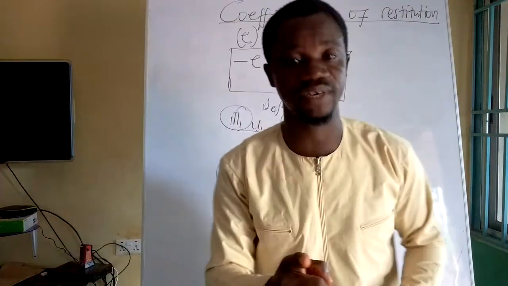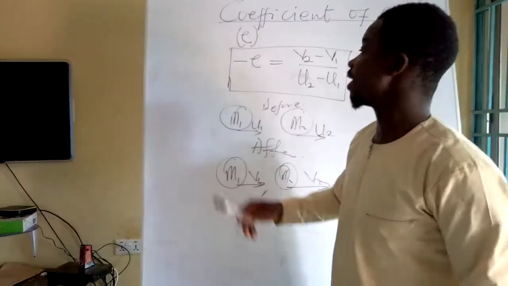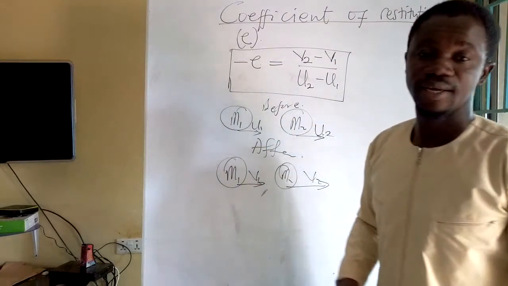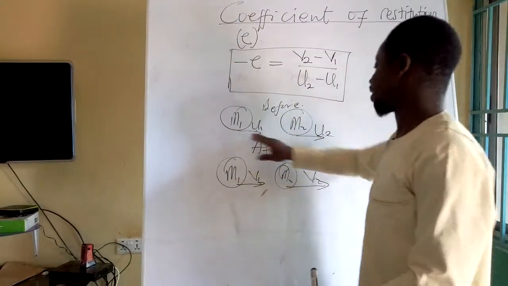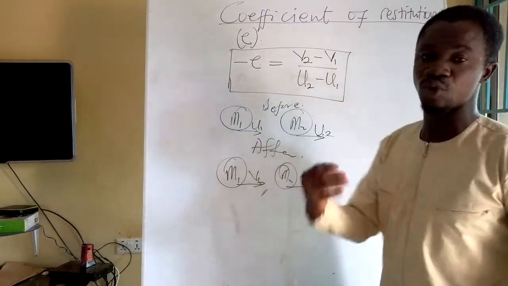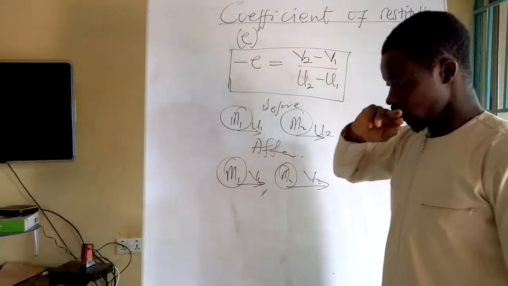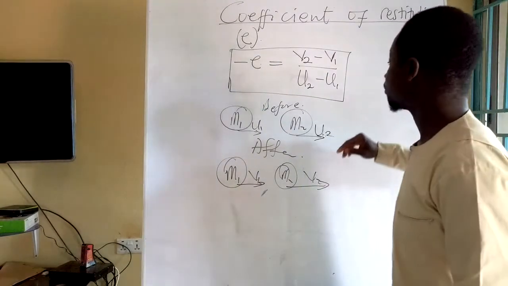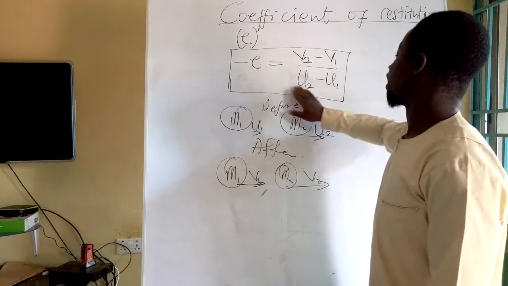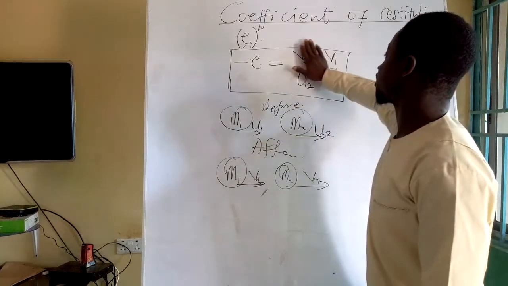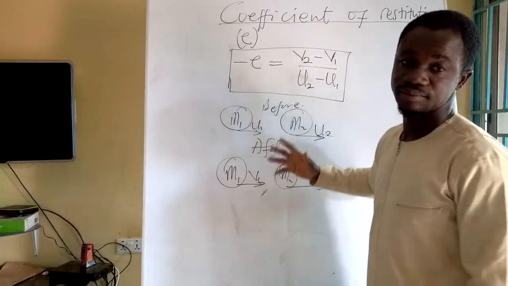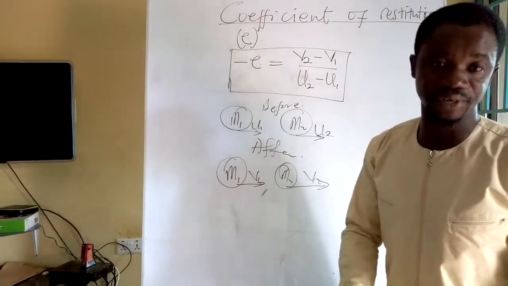Remember, velocity is a vector quantity. So anytime we use this formula, if the two bodies move in the same direction and collide, then their velocities are all positive like this. We always take into consideration the direction.